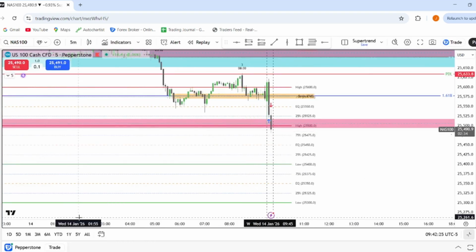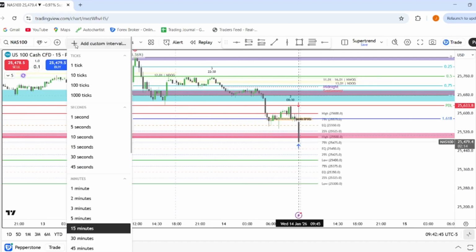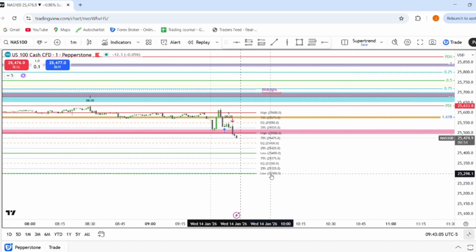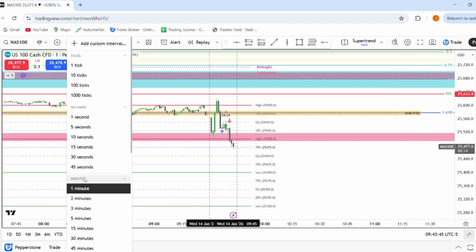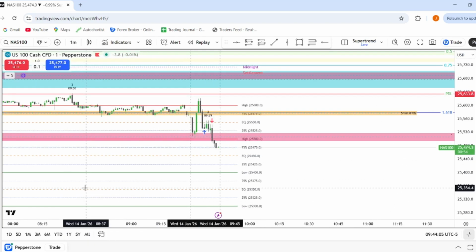So now I have to reassess the situation, and I move back and forth between the 5 minute and the 1 minute just to see what's happening, and I'm looking for a 5 minute swing.